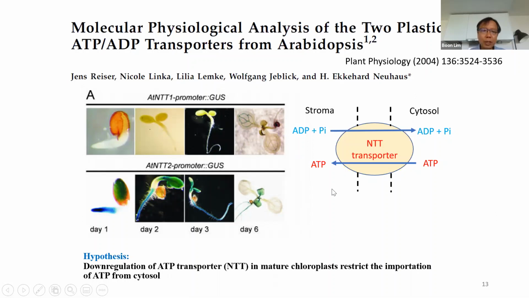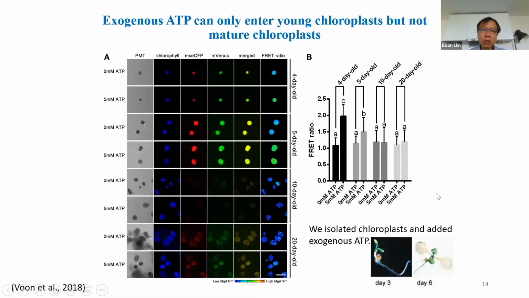So our hypothesis is that in mature chloroplasts, they downregulate the NTT transporter so as to restrict the importation of ATP from the cytosol. To examine this, we isolated chloroplasts carrying the sensors from 4-day-old, 5-day-old, 10-day-old, and 20-day-old seedlings, and then we added exogenous ATP.